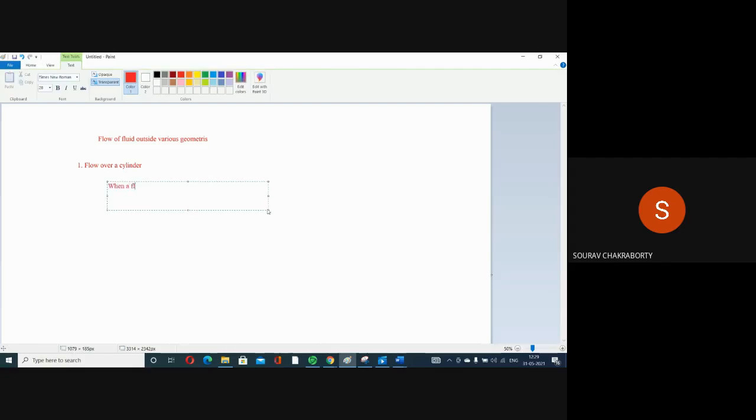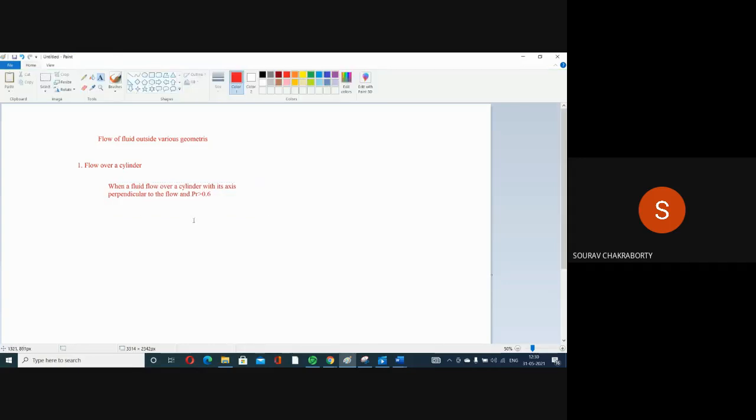When a fluid flows over a cylinder with its axis perpendicular to the flow and Prandtl number is greater than 0.6, in that case, what will be the expression?